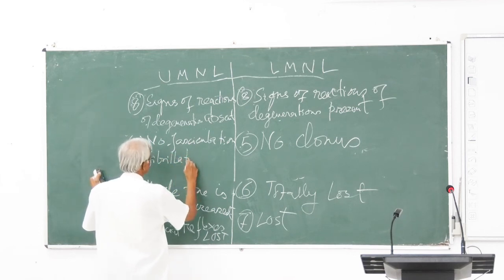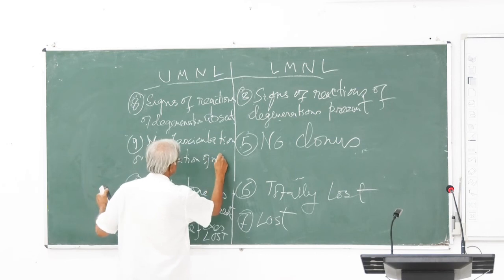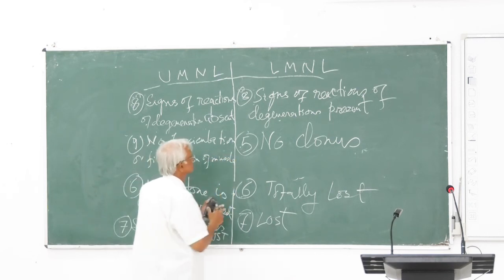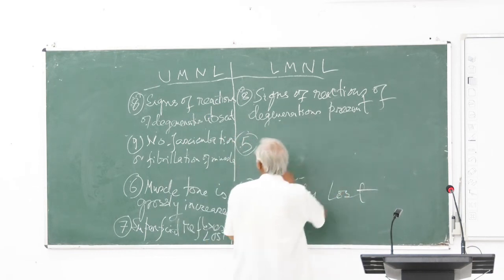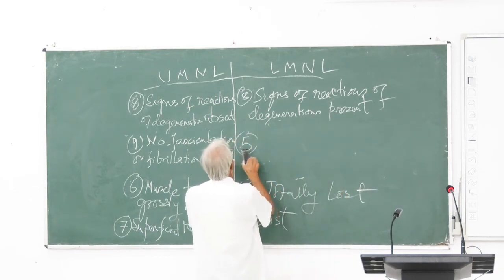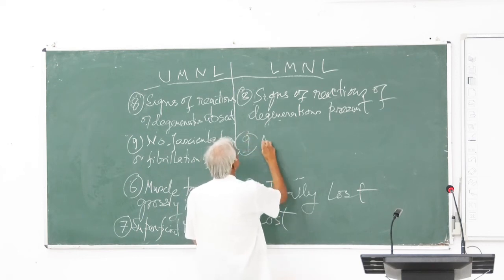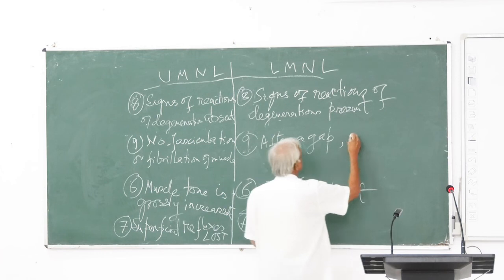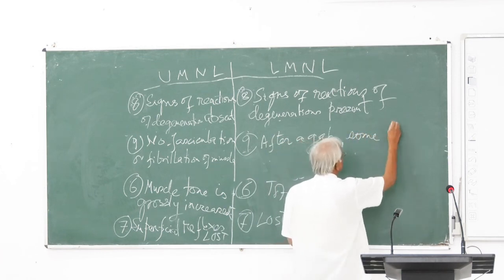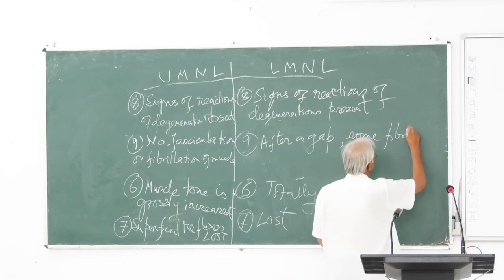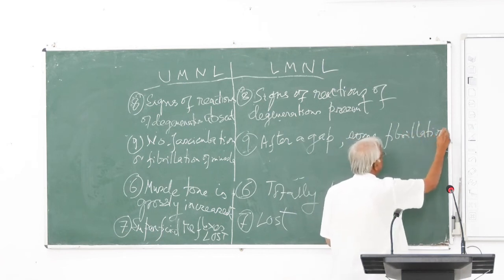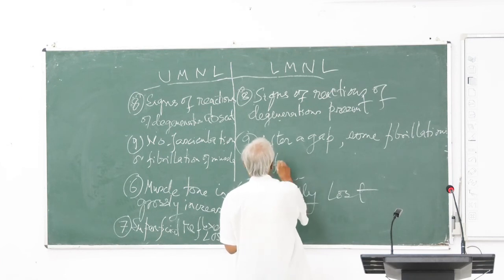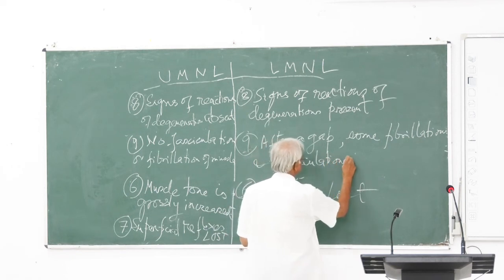In upper motor neuron lesion, there is no fasciculation or fibrillation of muscles. After a gap, after some days, after some time, fibrillations and fasciculations are observed.